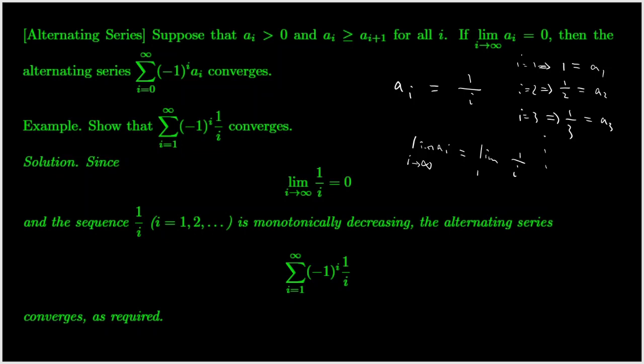As i goes to infinity, you see the limit is 0. As i gets larger and larger positive, 1 over i gets tinier and tinier, closer and closer to 0. So that's why the limit is equal to 0. Now you can see all the conditions are satisfied. If that's the case, then you can conclude the alternating series converges.